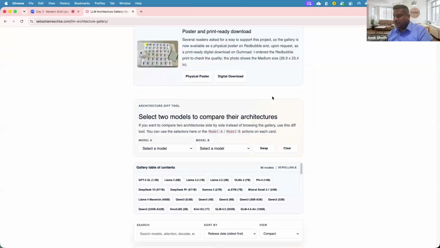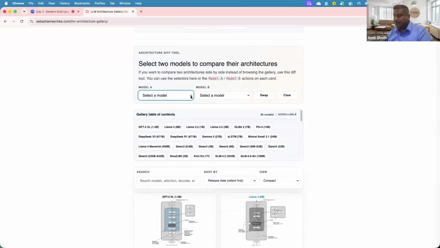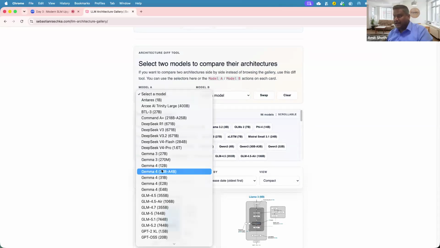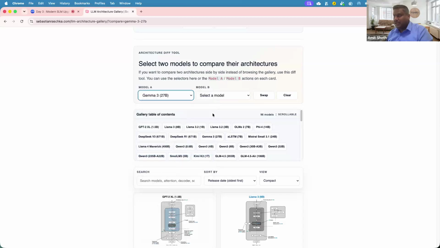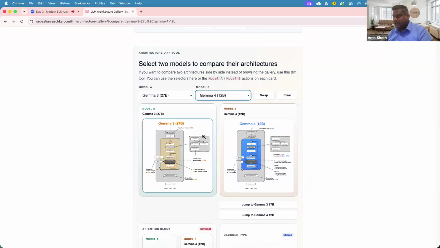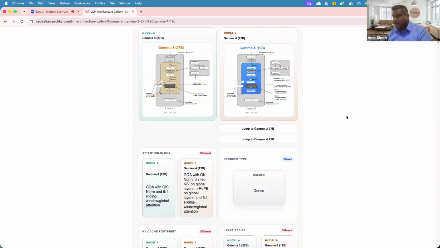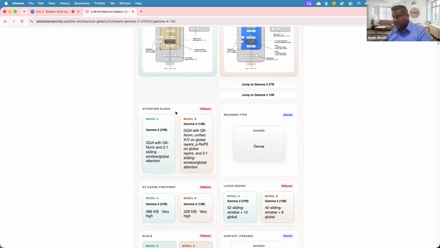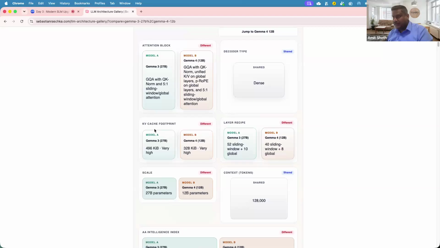And you can also go down and, for example, if you wanted to compare Gemma 3 and Gemma 4, what has happened here, right? If you wanted to check it out, you can see model A and model B, and you can see the attention block, the difference between model A and model B, the decoder type, the KV cache footprint, a lot of these details, devils in the details, basically, right?